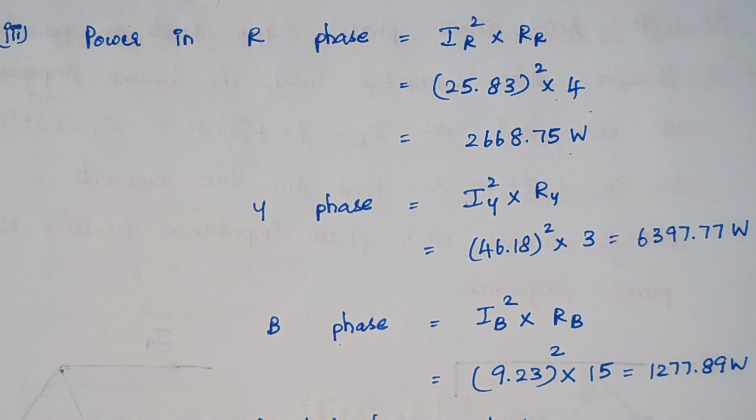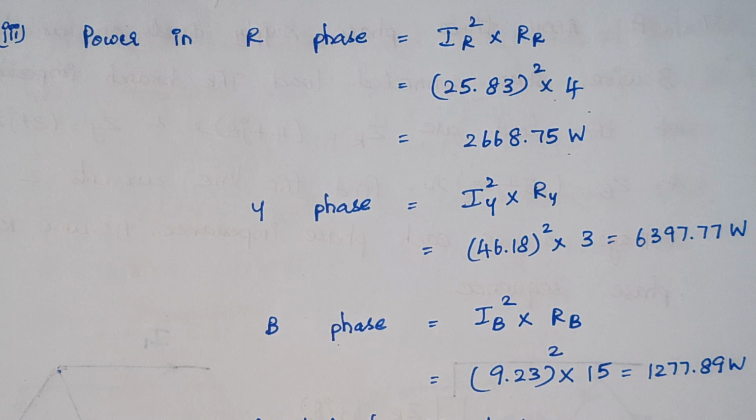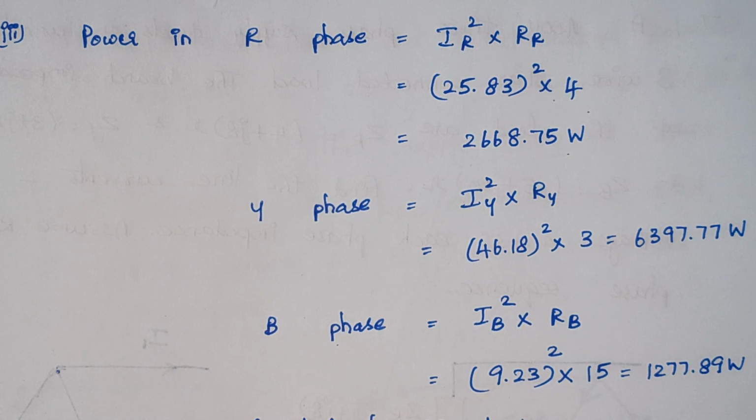What is the reason why we are saying it as an unbalanced thing? Because here the value of load impedances are totally different. That is, for R phase we are having an impedance value, and Y phase we are having different, and similarly for B phase we are having different values. Due to the different value of load impedances, automatically the value of current will differ, right?